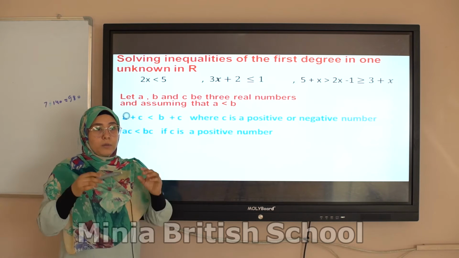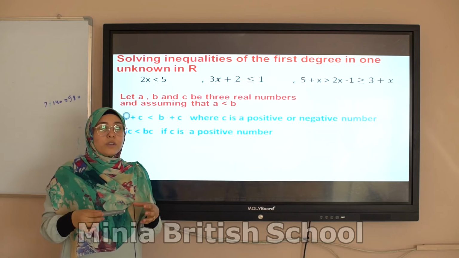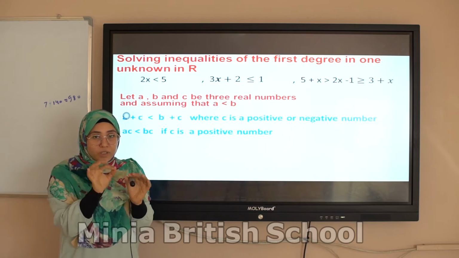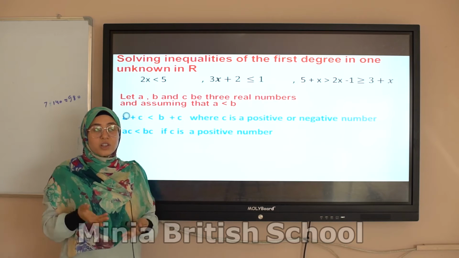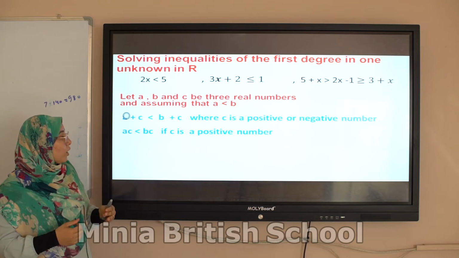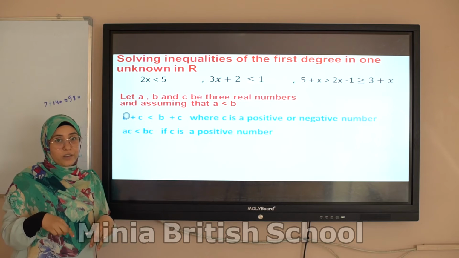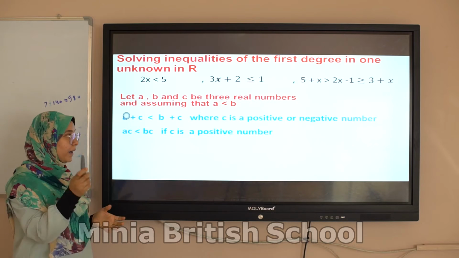So, multiplying both sides of the inequality by a positive number doesn't change the sign of the inequality. Also, dividing both sides of the inequality by a positive number doesn't change the sign of the inequality, okay?